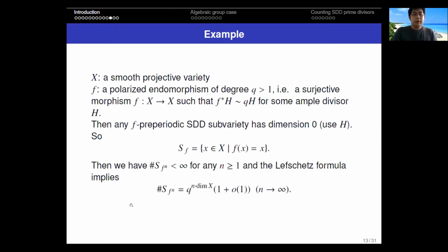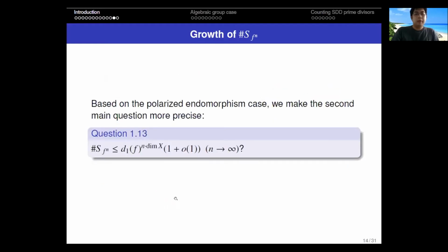Based on this simple example, we conjecture an estimate of S_{f^n}. This is the conjecture: in the general case, for a general dominant morphism on an algebraic variety, the cardinality of S_{f^n} is bounded above by this term.